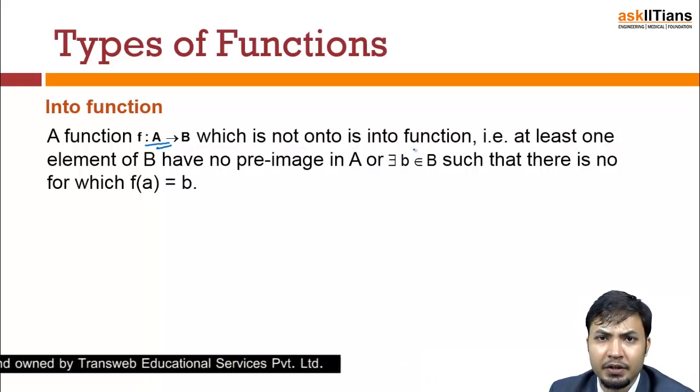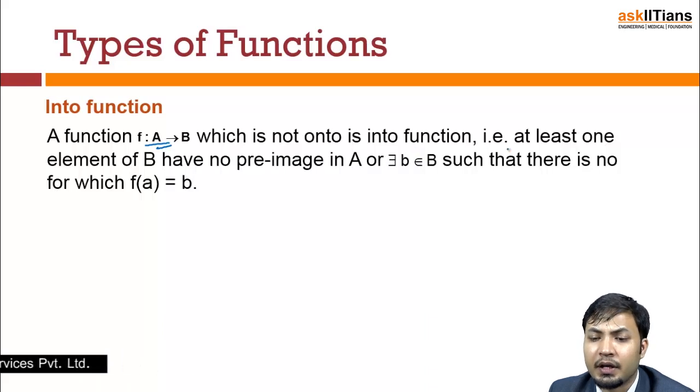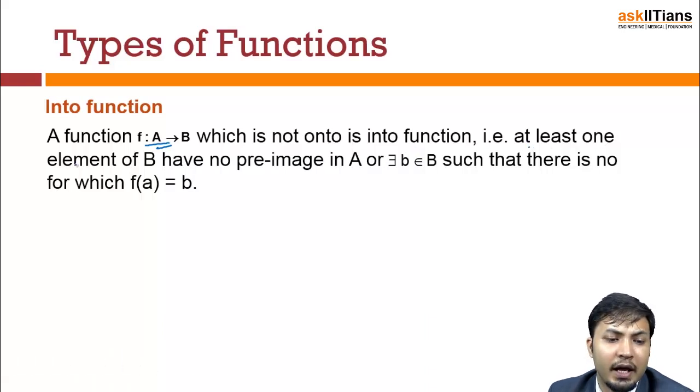It's similar to one-one and many-one: at least one element of B has no pre-image in A, or there exists a b belonging to B such that there is no a for which f(a) equals b.